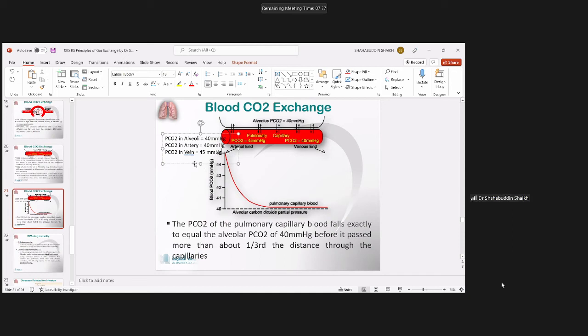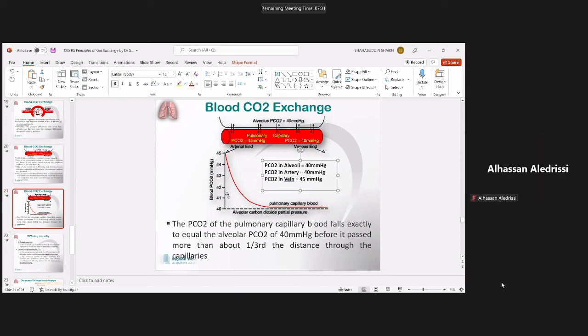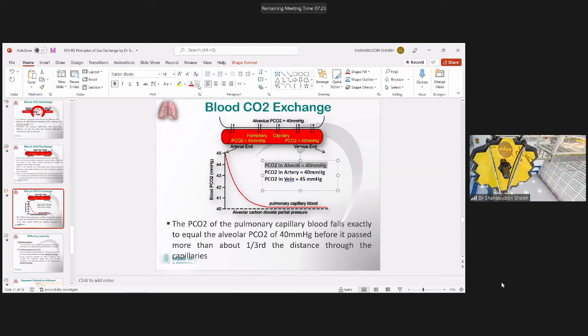Now, is it clear to all of you? Yes, doctor. Can you remember this? Yes, sir. So this is, let us say, in alveoli. So I will make it blue. Arterial blood is normally shown as red, right?